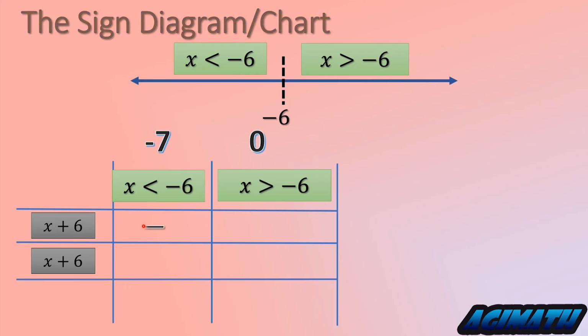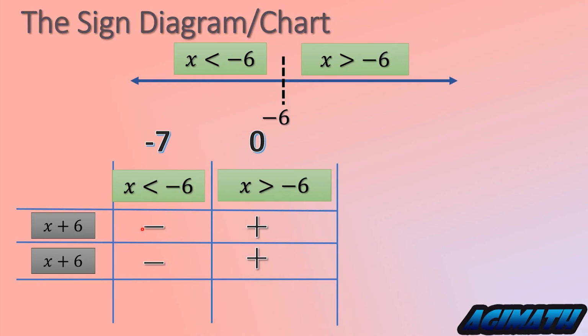Negative 7 plus 6 is negative 1. That's why the sign is negative. On the other interval, 0 plus 6 is positive 6. So positive. And then, if you have that common sense, we just copy what we answered on the first row onto the second row because they are identical.